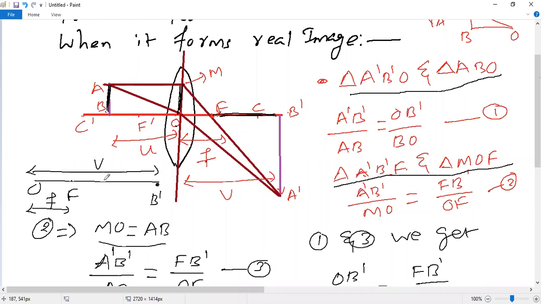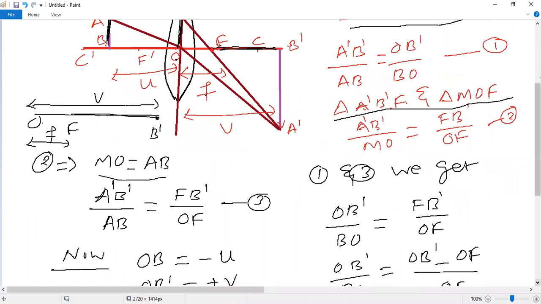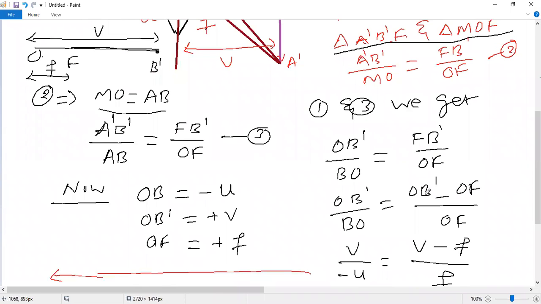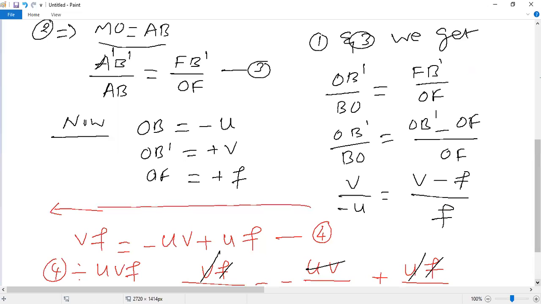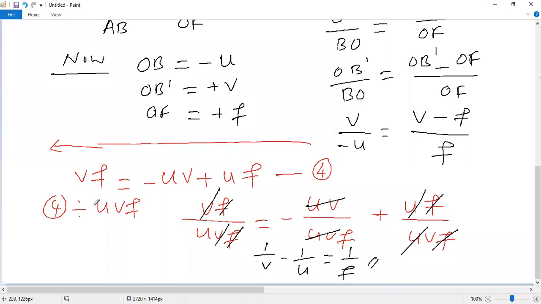But I don't know the value of F B dash, so it is O B dash minus O F. Now it is clear: O B dash minus O F divided by O F. What is the value of O B dash? It is plus v. Here O B is minus u, O F is plus f. Just apply the values, do the cross multiplication and divide by uvf. Then you will get 1 by v minus 1 by u equals 1 by f. So this is the lens formula.